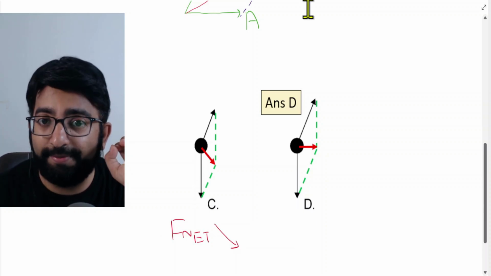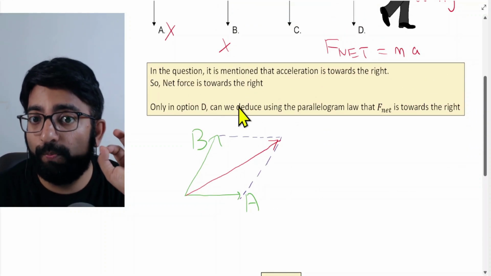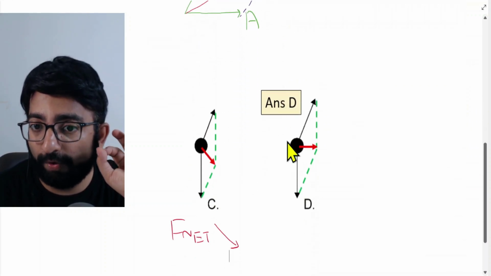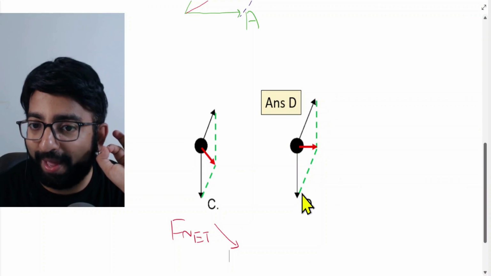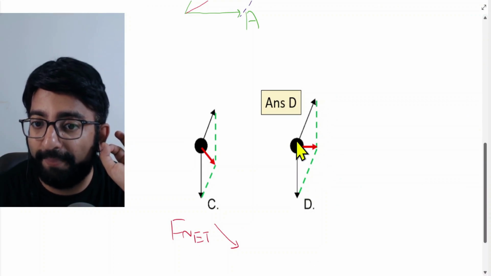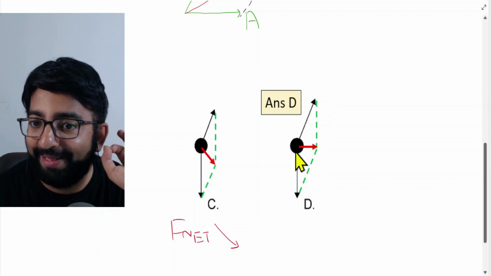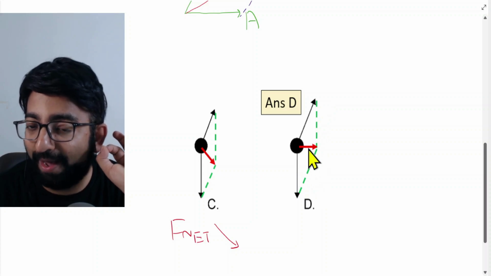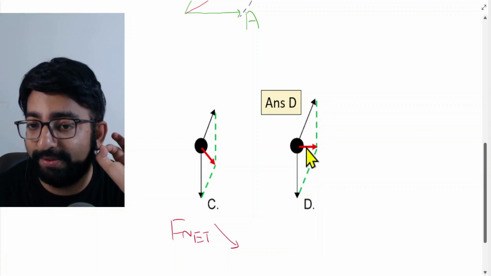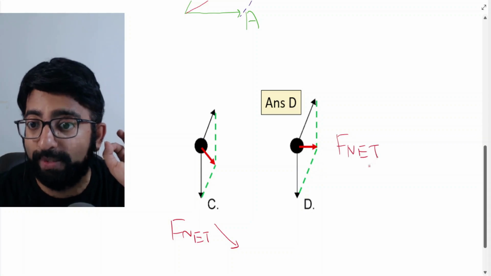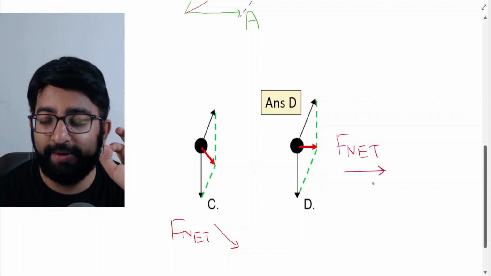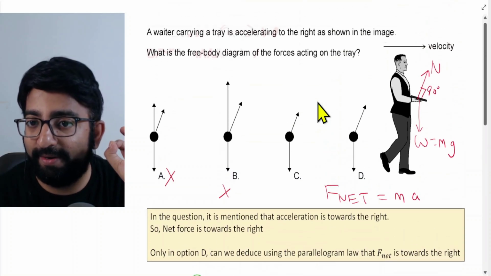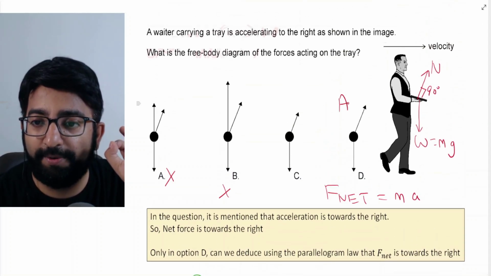But remember, we needed a situation where the net force should be to the right, which is true for option D. Look at the two black arrows, and if we complete the parallelogram and draw the diagonal, we can see the red arrow is pointing towards the right hand side. We can deduce that the net force is towards the right hand side, and hence D is the right answer for this question.